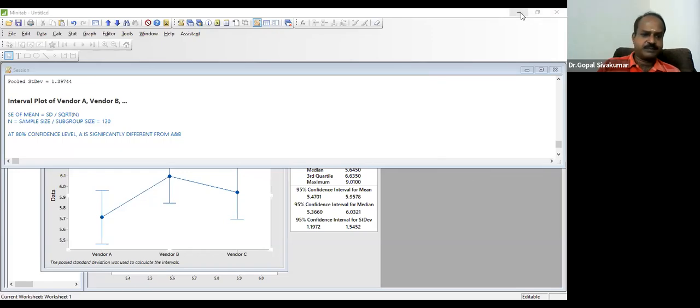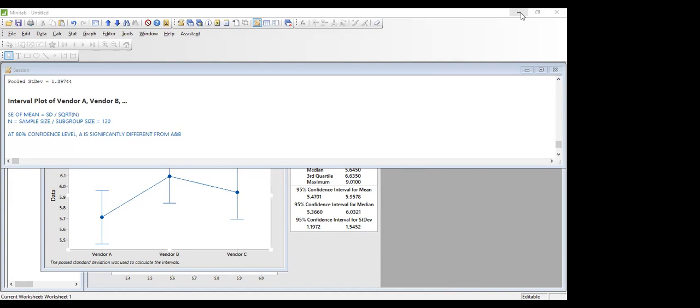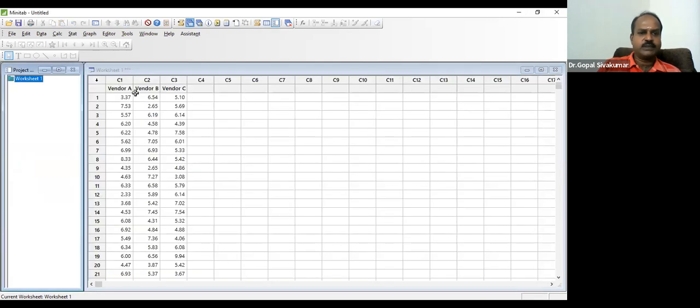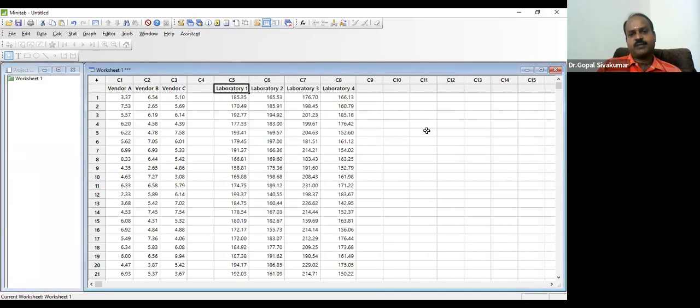Before that, the turnaround time for laboratory, I'm just copying it. So I'm in the Minitab screen now. I'm going to the worksheet. Let me paste the data. All of you can see my worksheet, laboratory 1, laboratory 2, lab 3, and lab 4 data.